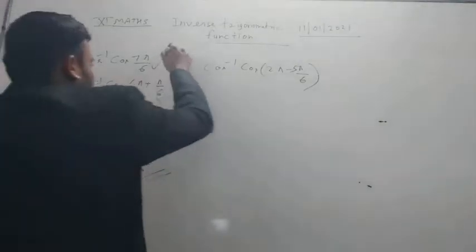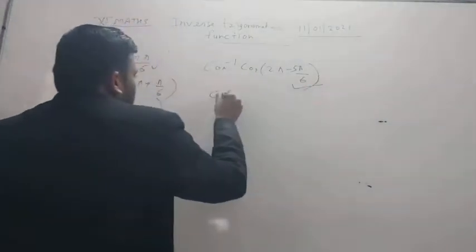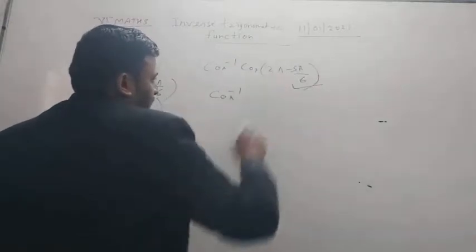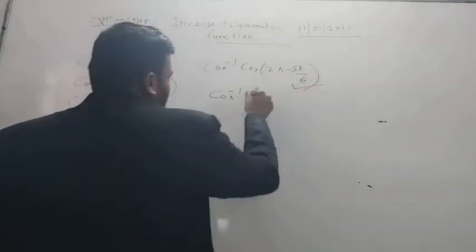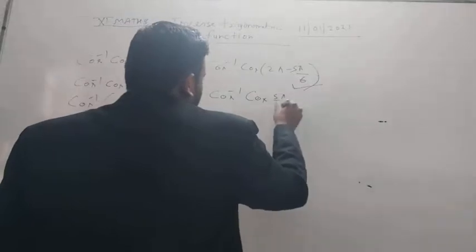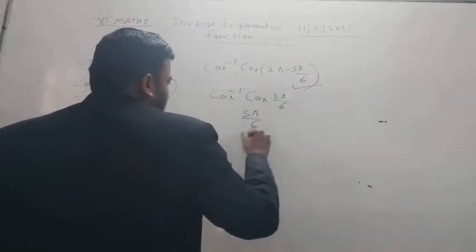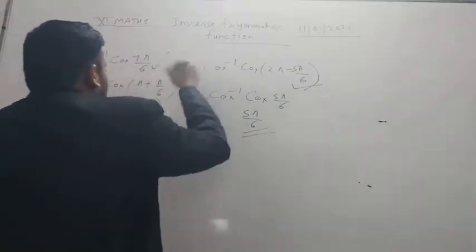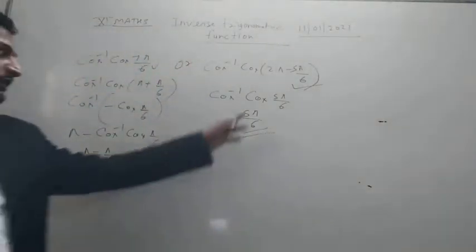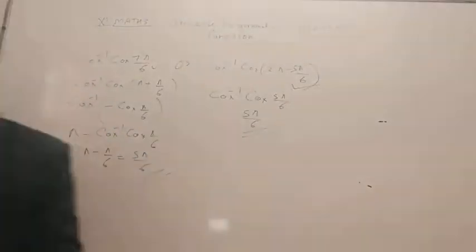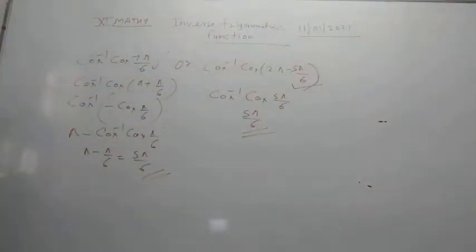So we can write it also in this form, and this is cos inverse cos of 2 pi minus theta is cos theta, student. So this will be reduced and we get 5 pi by 6. So either in this way we can solve, either in this way, both are right. Okay, student. Now we take another question, students.